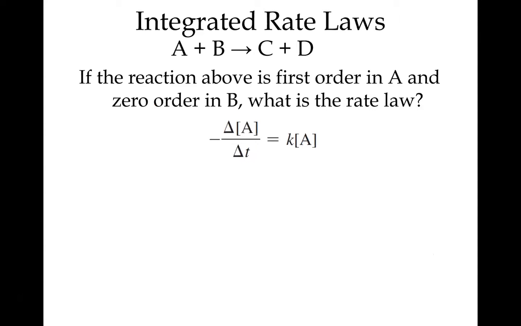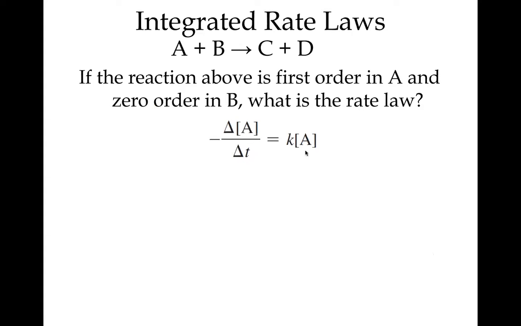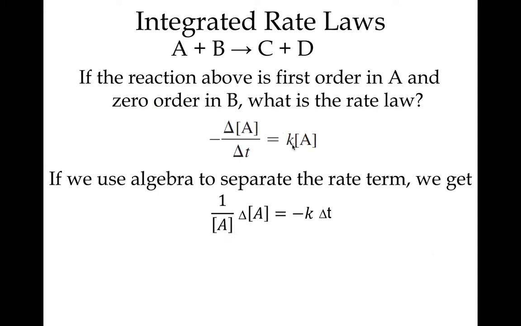All right. Okay. So the reaction above, let's say it's first order for A. Okay. And B is zero order, so it has no effect on the rate law. We could write it again as this negative change in concentration over change in time equals K times concentration of A. And we could essentially just rearrange things a little bit to get this, right?